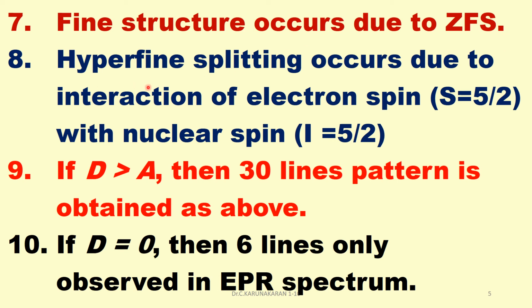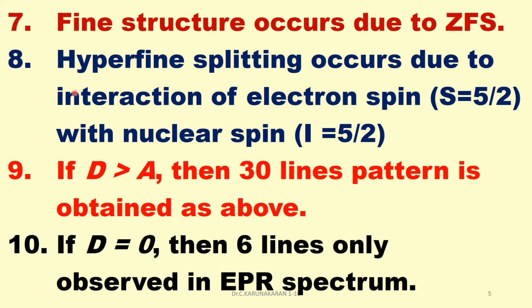On the other hand, hyperfine splitting occurs due to the interaction or coupling of electron spin with the nuclear spin. In manganese 2 plus, D, the zero field splitting, is very much greater than A. Then 30 lines are observed in the EPR spectrum of manganese 2 plus.